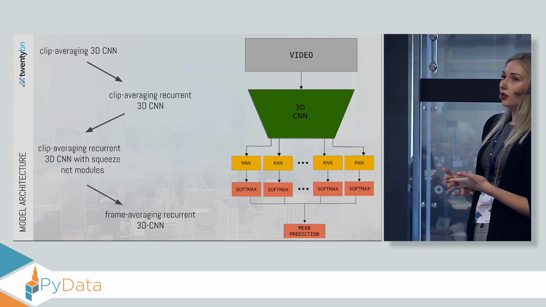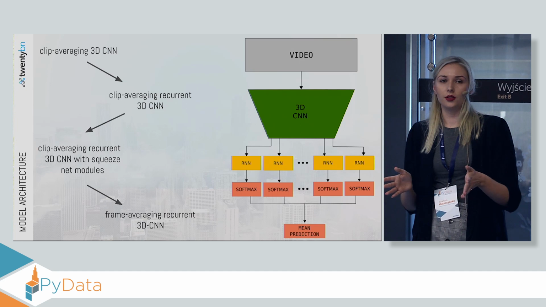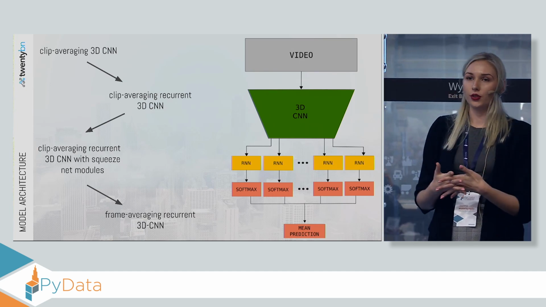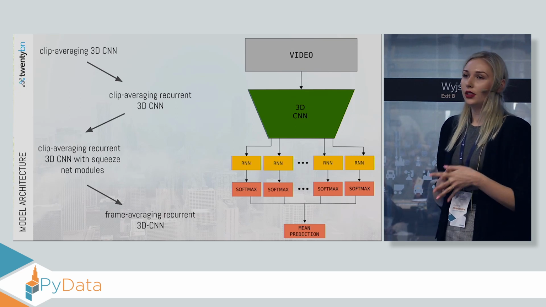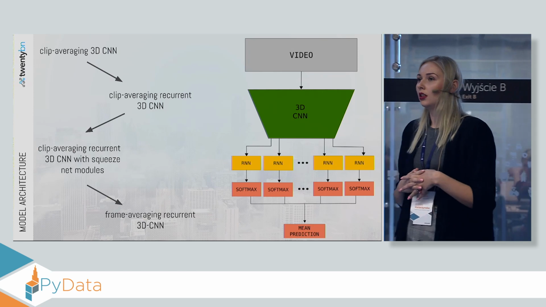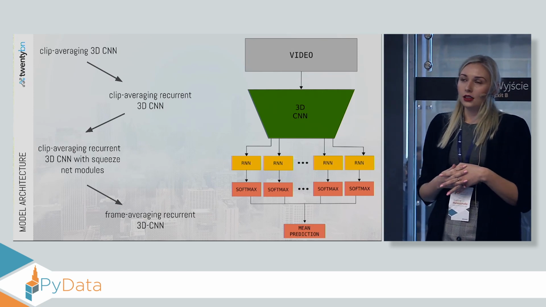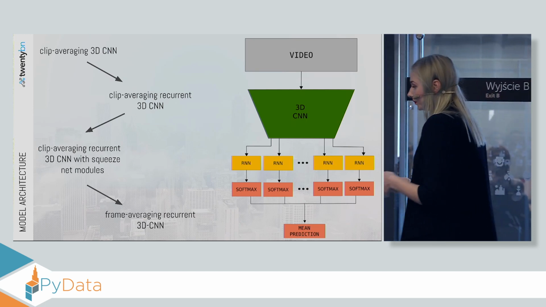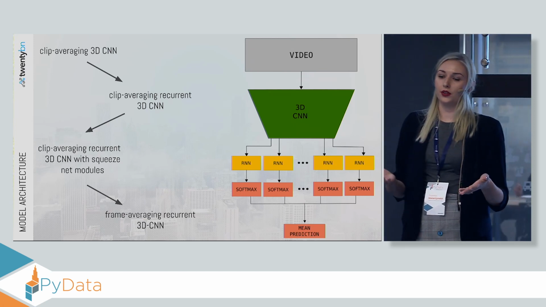But for the final model, we decided to feed an entire video into a 3D convolutional neural network, with the convolutional filters having stride 1 on the temporal dimension and 3 for the spatial dimensions. This gives us very good temporal features as well as spatial features.